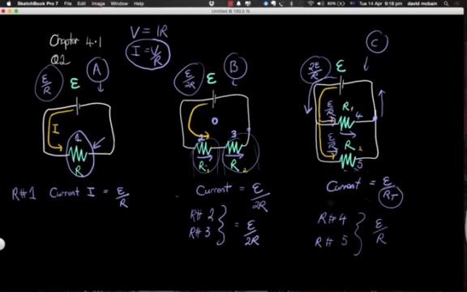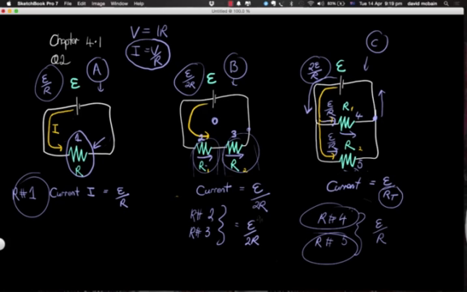Well, we can see that resistor 1, resistor 4 and resistor 5 all have the same current flowing through them, which is E over R, or the voltage of the battery divided by the value of each of those resistors.